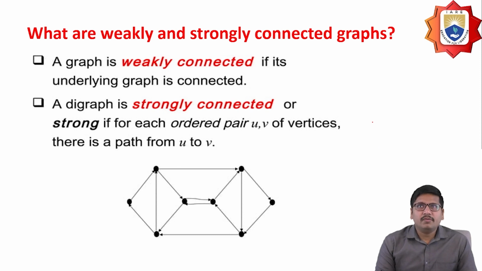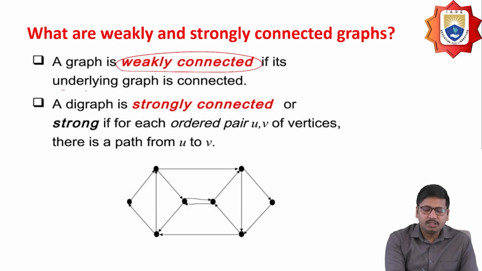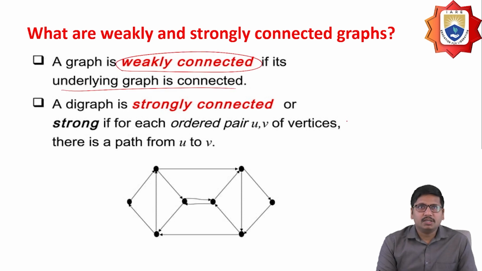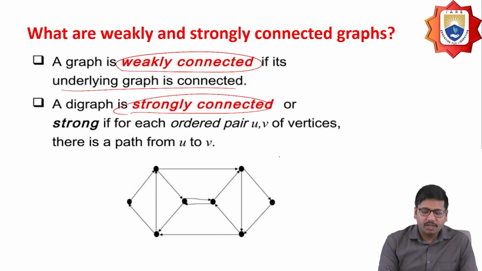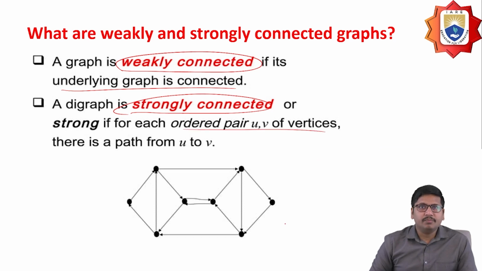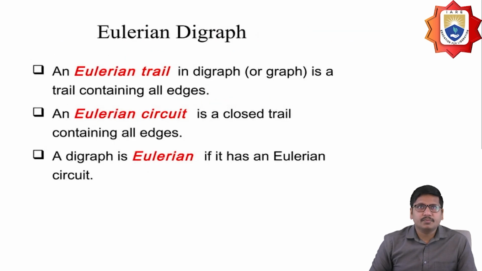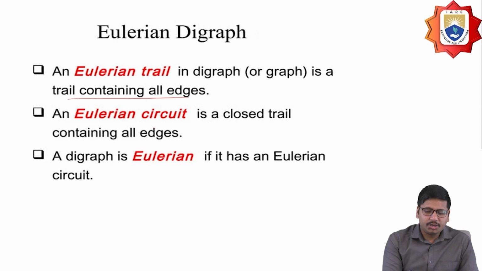So what are strongly and weakly connected graphs? A directed graph, also called a digraph, is said to be weakly connected if its underlying graph is connected. It is strongly connected if for each pair of vertices there is a path from U to V. Then Eulerian digraph: an Euler trail in a digraph is a trail containing all the edges, and an Euler circuit is a closed trail containing all the edges.